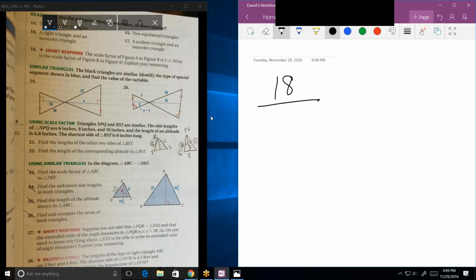That makes them corresponding. And notice this is not the same situation as we had over here. The corresponding sides over here were 27 and 18. Whereas in this picture, the corresponding sides are 18 and y. So 18 is to y as what?